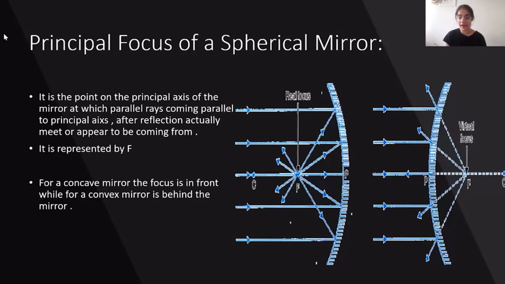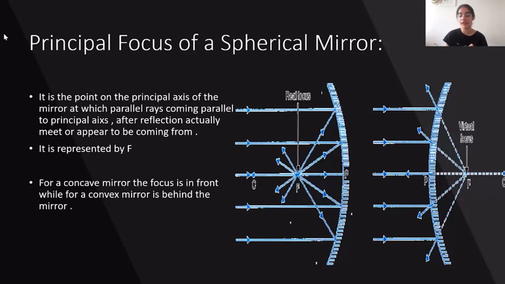Since it lies behind the mirror, we say that after reflection the rays of light appear to be coming from this point and not really meeting at it, while we have a real focus here because it is in front of the mirror. So the ray of light which is parallel to the principal axis will, after reflection, pass through that point.